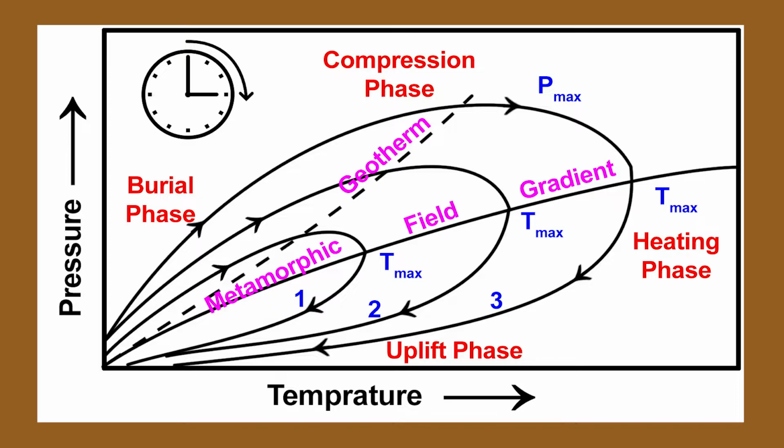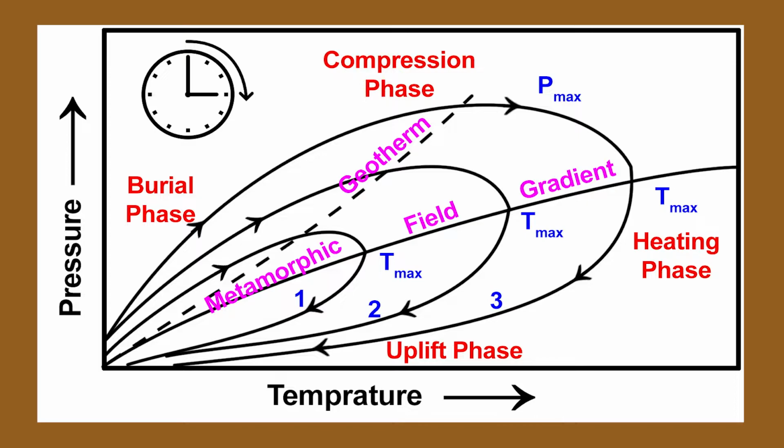From here onward, the thickened crust adjusts to thermal relaxation, or heating, during which a series of progressive metamorphic reactions take place. Eventually, the rock reaches its maximum temperature, T max.